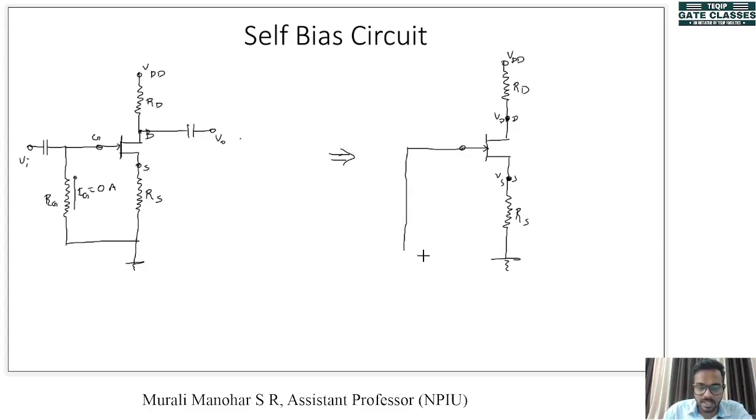So it looks like this. Okay. So Rg is replaced by a short circuit. Now between gate and source we have VGS. Between drain and source we have VDS. And ID flows here.